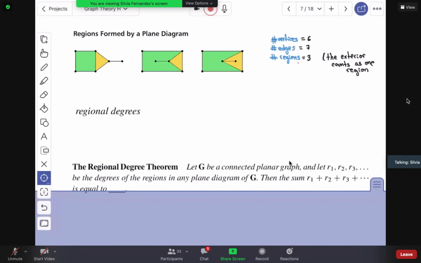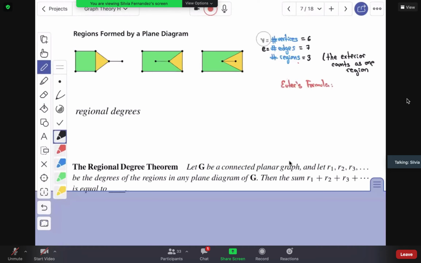And what Euler's formula says is that if I call V the number of vertices, E the number of edges, and R the number of regions, then vertices minus edges plus regions is always 2. So always 2 when you have plane drawings in the plane.